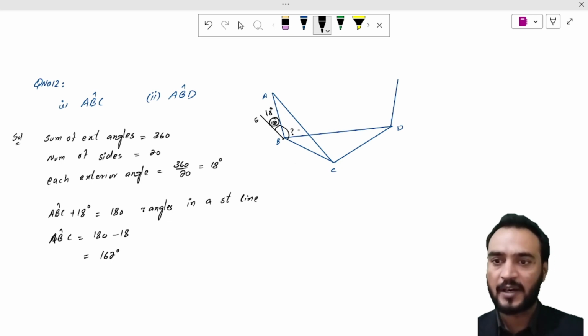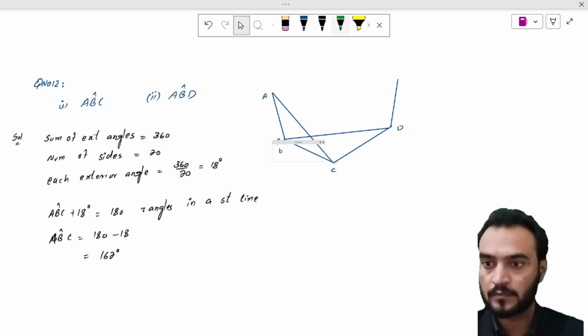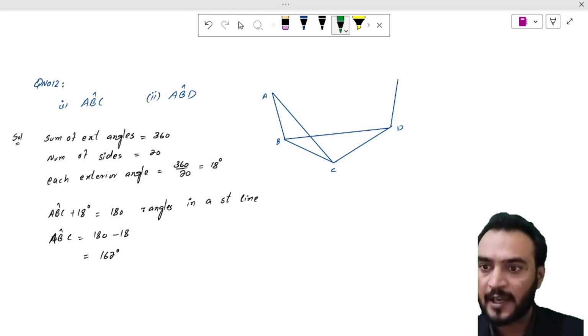Now we need to find the angle ABD. And to find the angle ABD, we need to find these two angles, CBD and CDB. We first find these two angles.